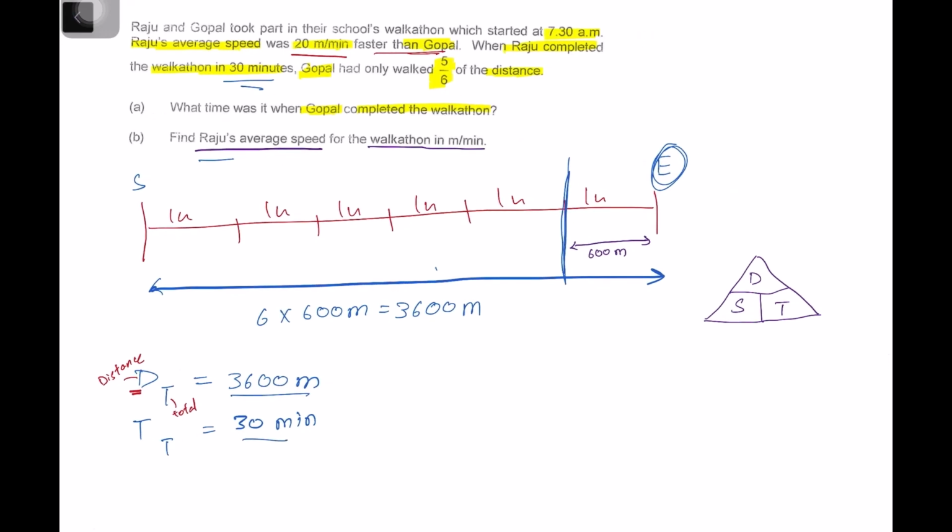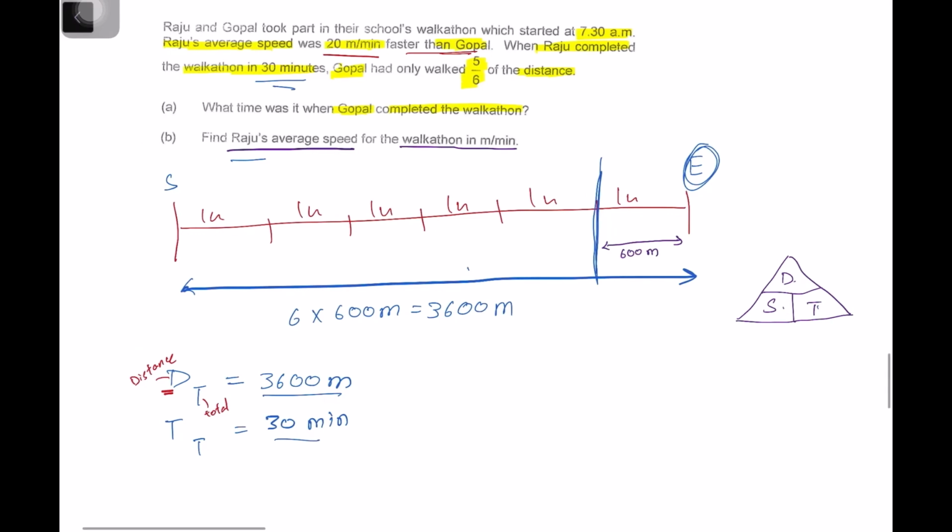If we look at the formula, distance upon time gives us the speed, right? So his average speed, I'm using these abbreviations, so average speed is equals to total distance over total time, which in this case is 3600 meters divided by 30 minutes, which gives us 120 meters per minute.